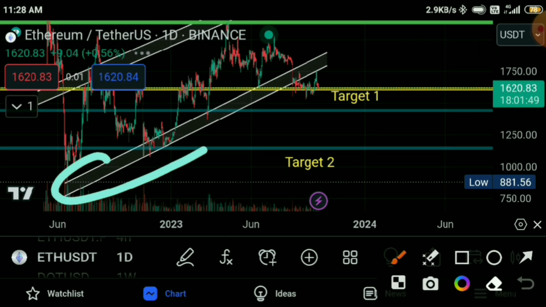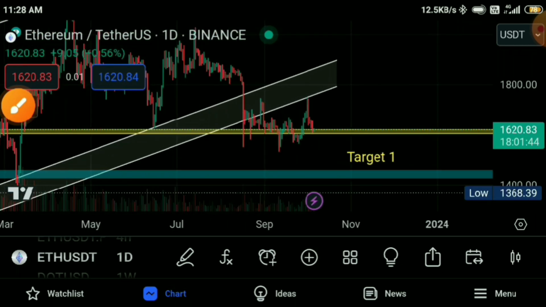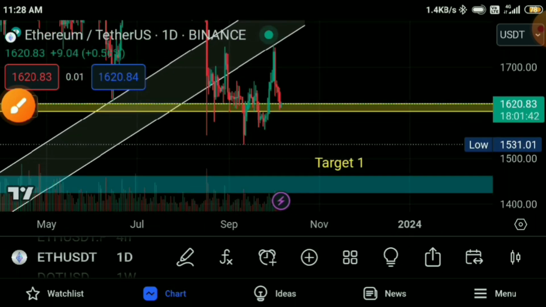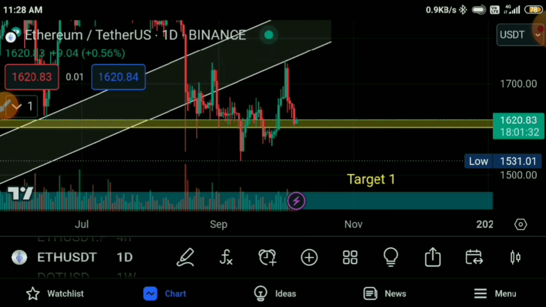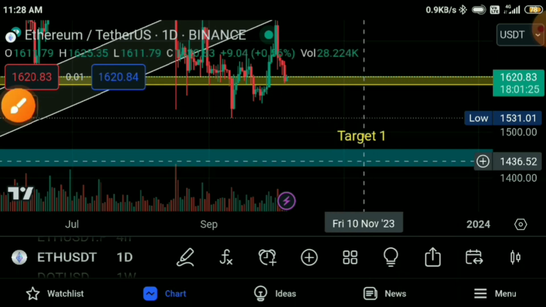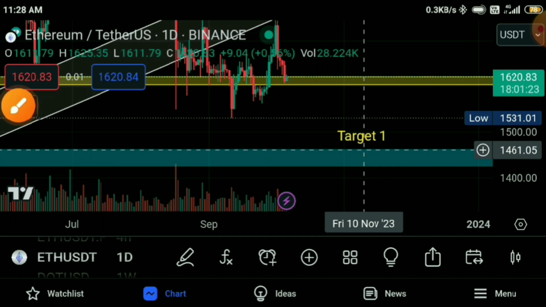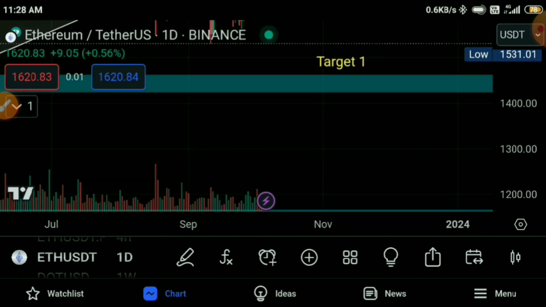See this parallel channel right here for Ethereum. Now let me give you some levels. So this level ranges between 1621 and 1604, and if the price continues to fall down, then it can come to the first target at 1462 to 1425.